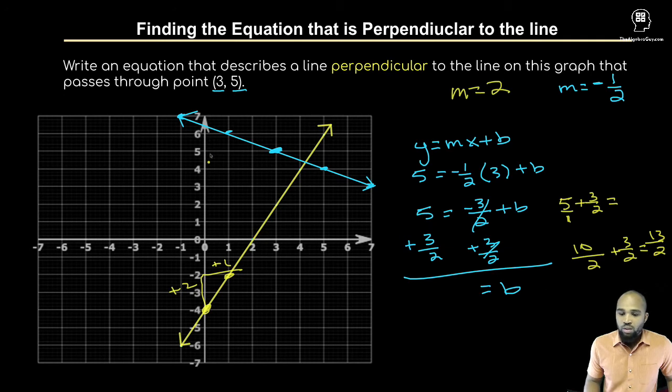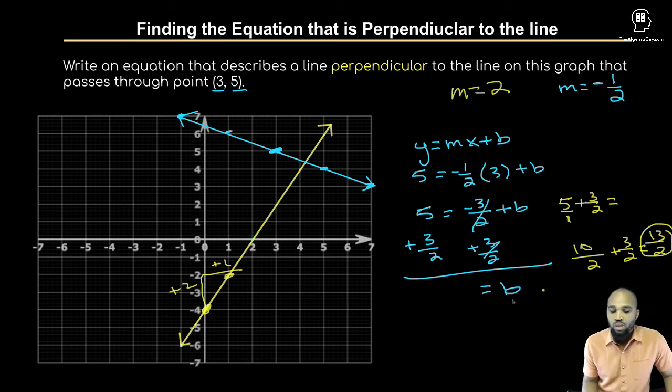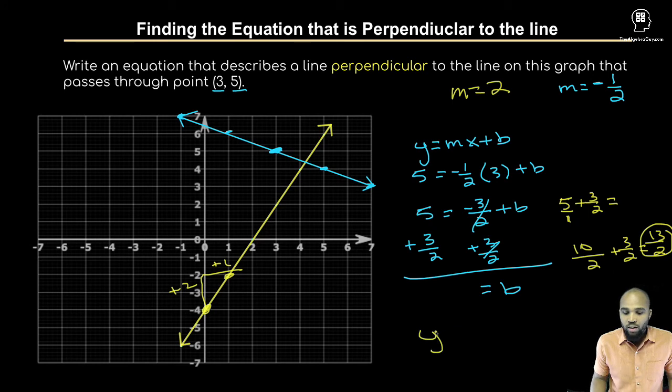I can just leave it just like that. Now I know the equation for my perpendicular line: y equals negative 1/2 x, and now I know my y-intercept is 13 over 2.